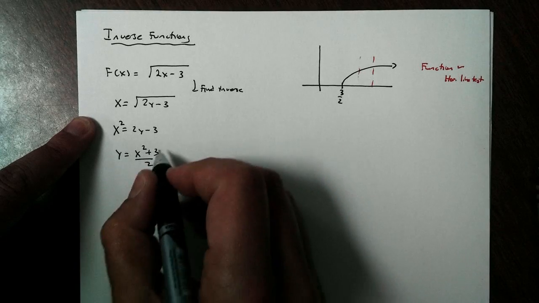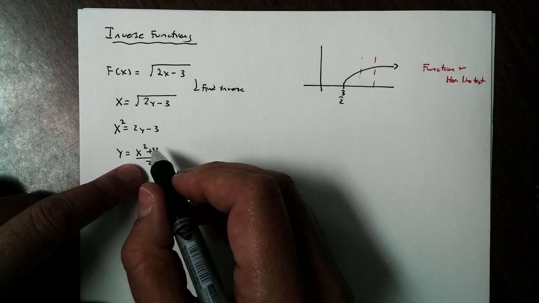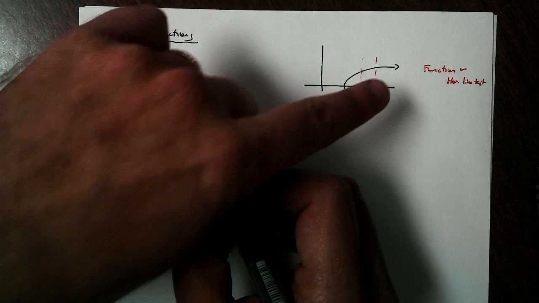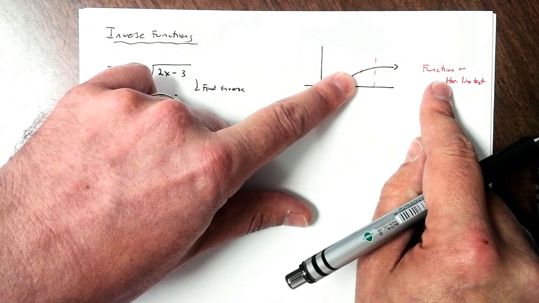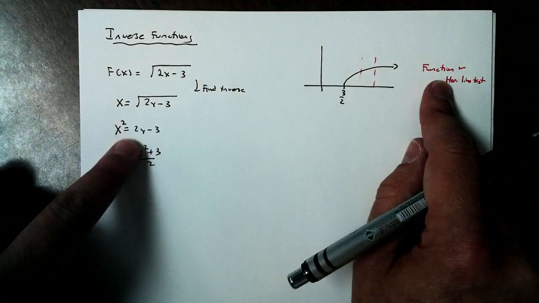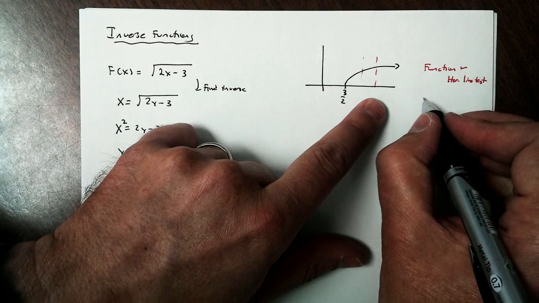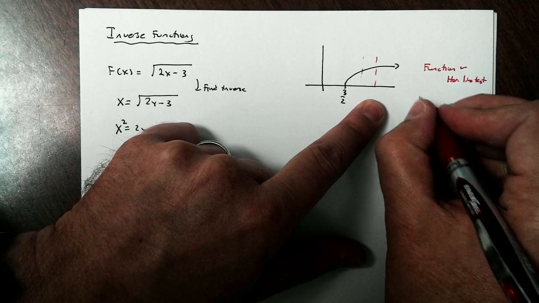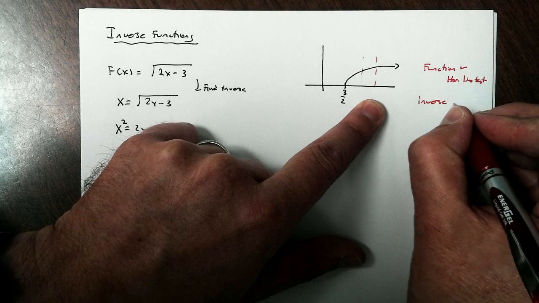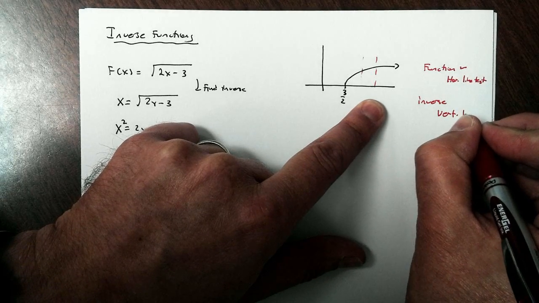over 2. Now, there is an issue with this one, where this function passes the horizontal line test. To have an inverse, well, we have a problem. It also has to pass the vertical line test.